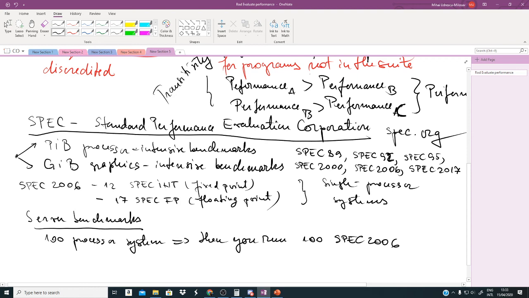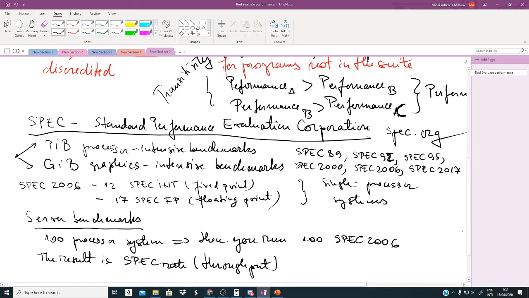So you multiply the number of processors by specs, and you run that number of specs on your server, and the result would be the so-called SPEC rate, which is actually a measure of throughput. How many specs are run in a given unit of time.